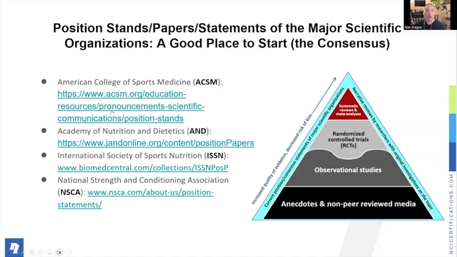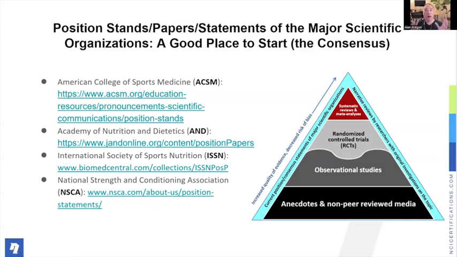And there are only a small handful of major organizations that have peer-reviewed position papers. And here are the big ones: the American College of Sports Medicine, the Academy of Nutrition and Dietetics, the International Society of Sports Nutrition, and the National Strength and Conditioning Association.